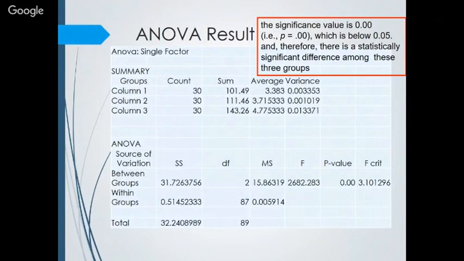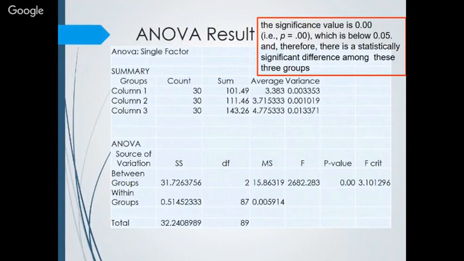and the count of the variable is 30 observations, the sum is 101.49, the average is 3.38, and the variance is 0.0033. Like that, the summary is given for column 2 and column 3.